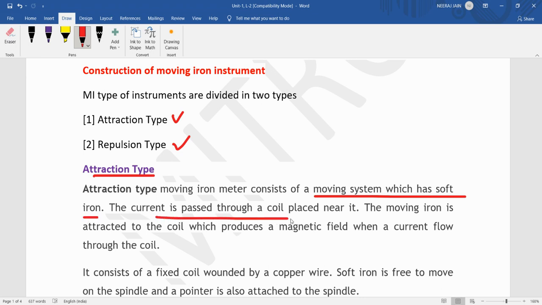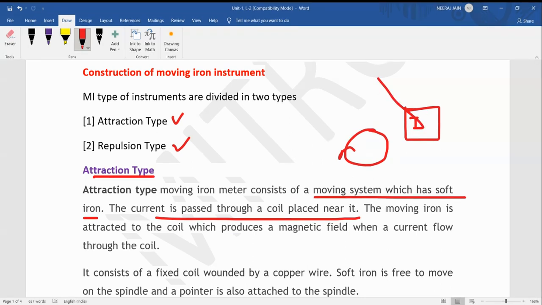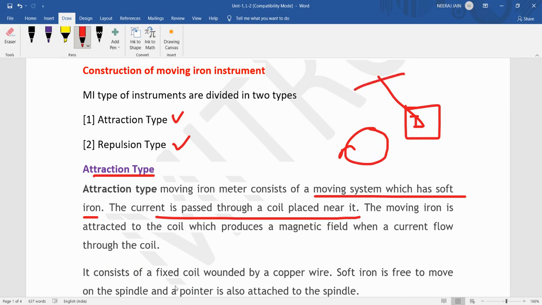The current is passed through a coil placed near it. यहाँ पर जो आयरन प्रेजेंट होता है और इसके पास में ही हमारे पास सॉफ्ट आयरन की कोर प्रेजेंट होती है. When we flow the current in this coil, the coil gets magnetized, and after that it attracts the iron piece. ये आयरन पीस को अट्रैक्ट करती है. इससे जो आयरन से पॉइंटर अटैच होता है, that moves on the scale.